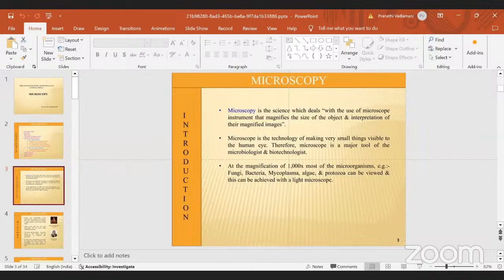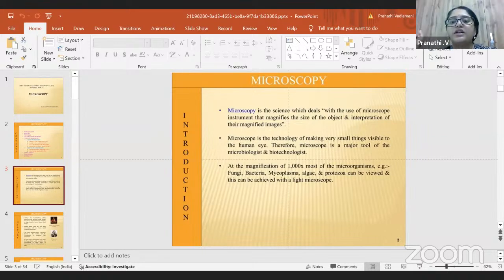So microscopy is the technology that is going to make small things visible to the human eye, and you're going to magnify it n number of times. It can be 1 lakh times in the case of scanning or transmission electron microscopes. Sometimes it is only magnified 10 times, 100 times, 45 times.